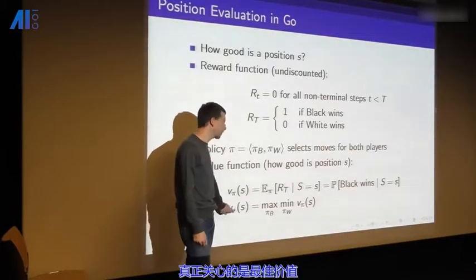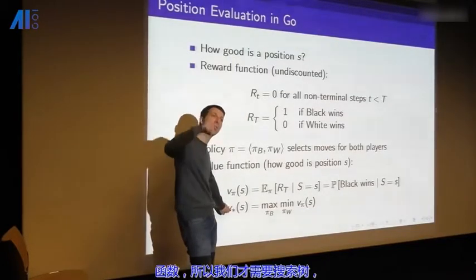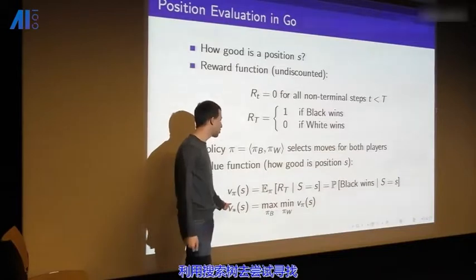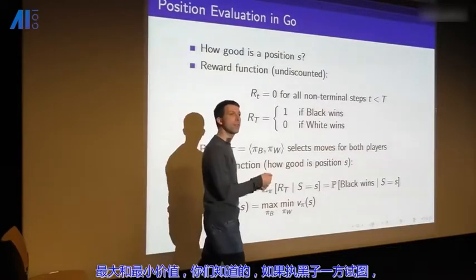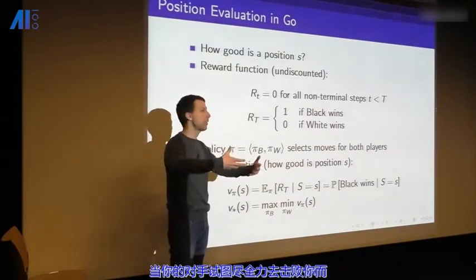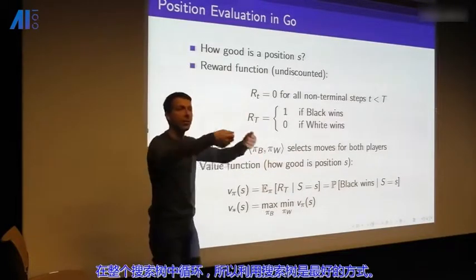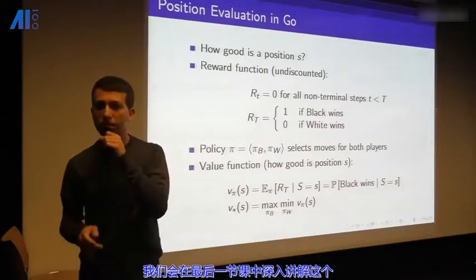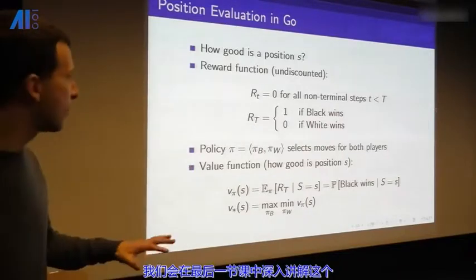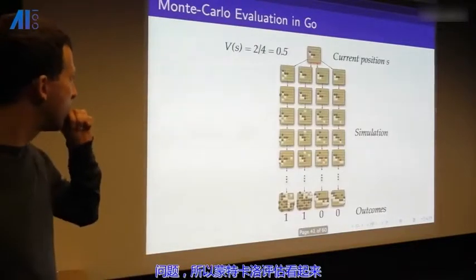But what we really care about is the optimal value function, and this is why we need a search tree. The search tree is trying to find something like the minimax value. It's the best way to play if your opponent is trying their best to beat you, and so forth, all the way down the tree. We'll get more into that in the final lecture.